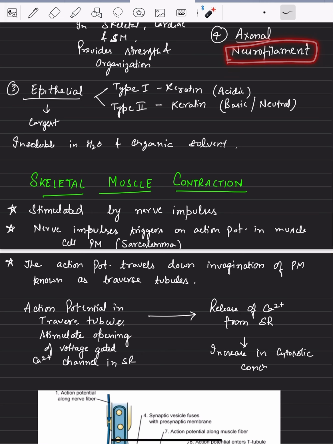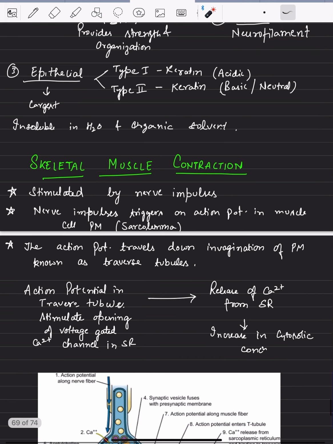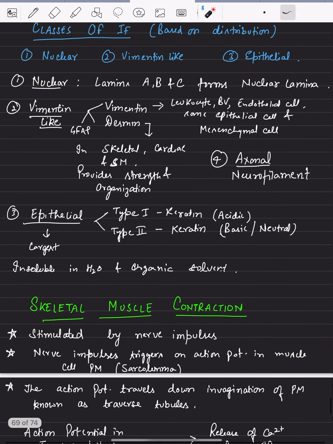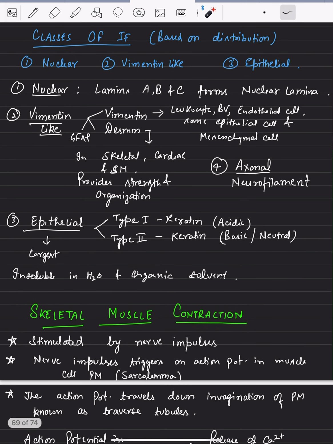This is also a type of intermediate filament only. So neuro, it means this will lie in the neuron. In the neuron only we are going to observe such neurofilaments. Although there are different types of neurofilament, M is there, H is there, L is there. So there are different types present in the neural cell.